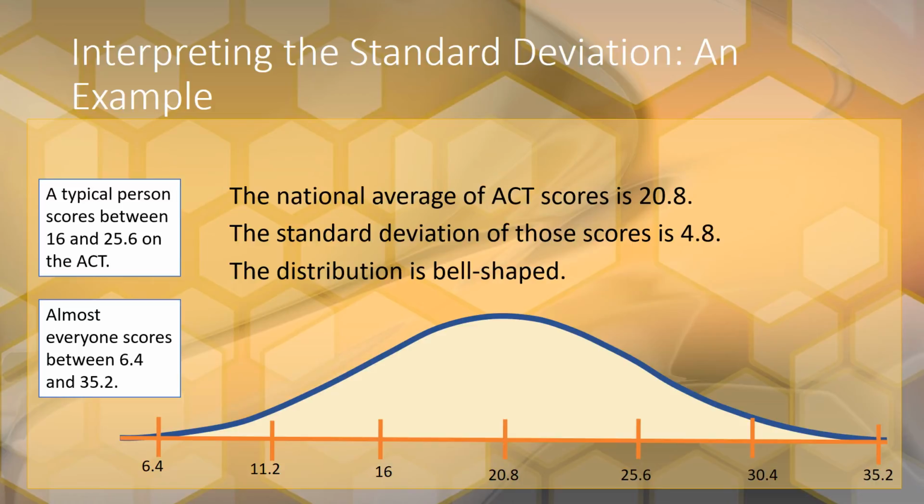So we can say that almost everyone scores between 6.4 and 35.2 on the ACT. Almost everyone will score between 3 standard deviations below the mean and 3 standard deviations above the mean.